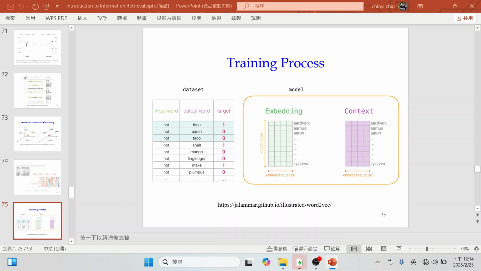Another matrix is called context. Context also lists all the words in your dictionary, and each row represents the word's embedding. The 2 matrices can be different. They are initialized by some random matrix first, but after training they will be stable.